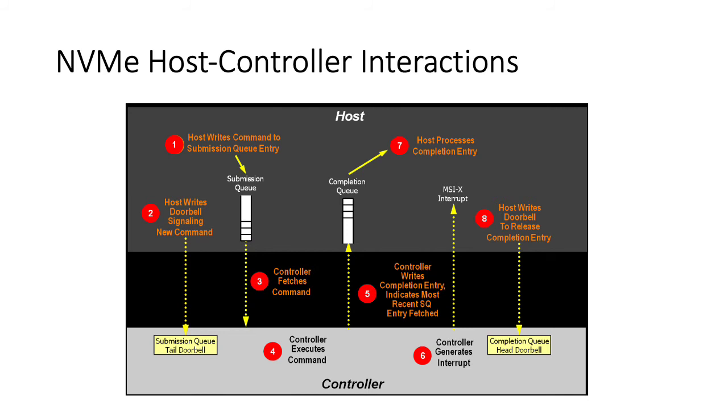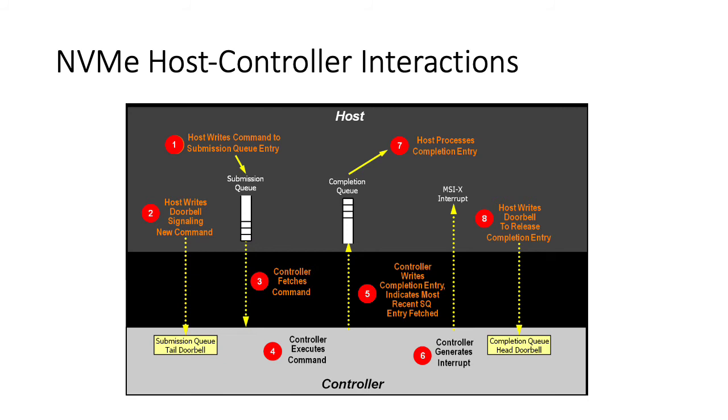The execution of a command might result in a direct memory access, DMA. It's the controller, which is the DMA master, that decides to read or write the host memory. Once the controller is done executing a command, it puts a completion entry in the completion queue and generates an interrupt. The host processes the interrupt.